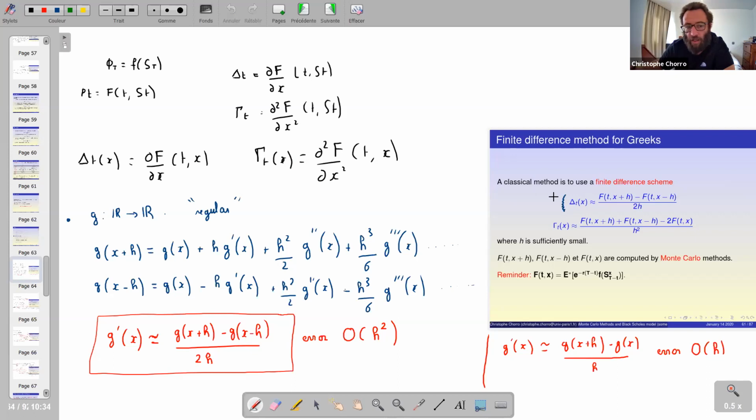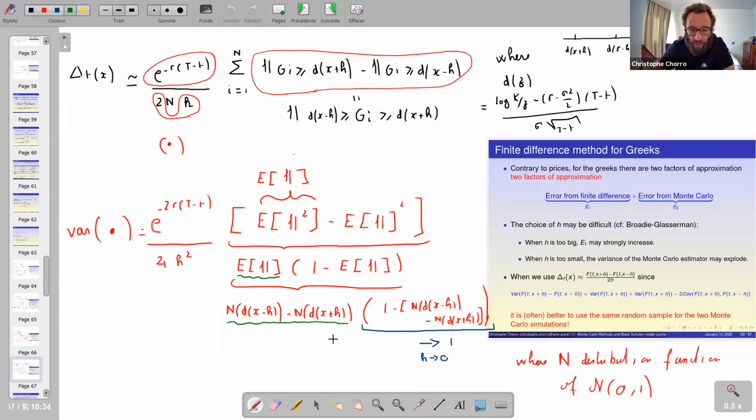So using this formula applied to my problem here, I obtain that this one is equivalent, when h goes to 0, to minus 2h multiplied by the derivative of this one at x, that is N prime of d(x), d prime of x. Okay, so I have this one.